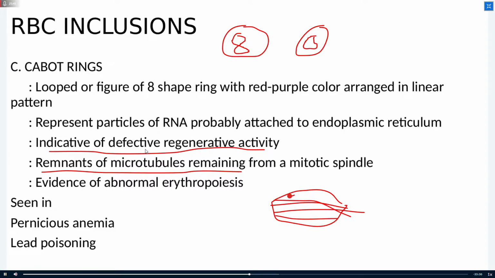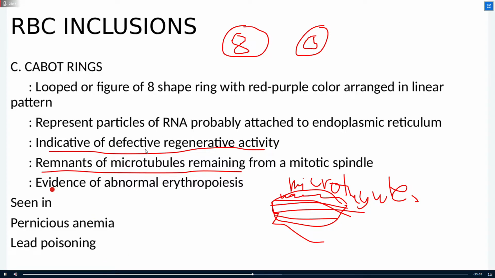So this part, class, will be composed of your microtubules. Now remember, when your cytoplasm divides, those microtubules will disappear, be destroyed. They would tend to leave remnants in the cytoplasm, forming your Cabot rings.